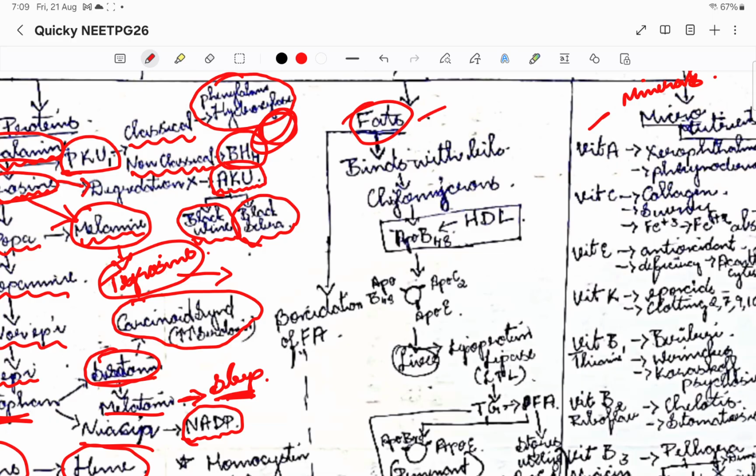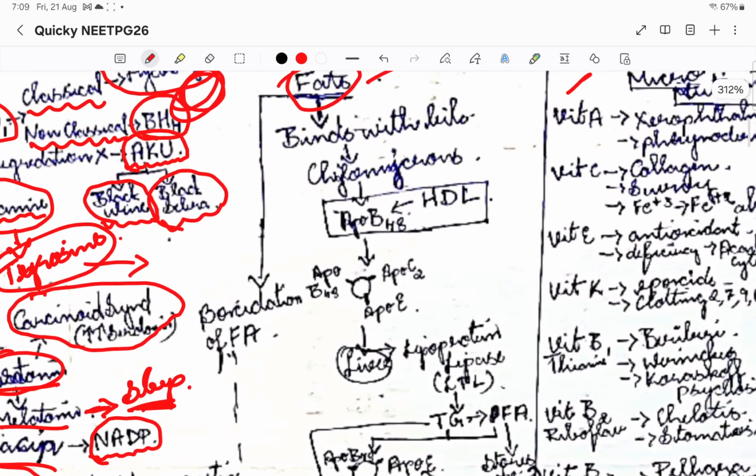This chylomicron combines with HDL. There is something called HDL, high density lipoprotein. This HDL gives something known as ApoB48 to the chylomicron.